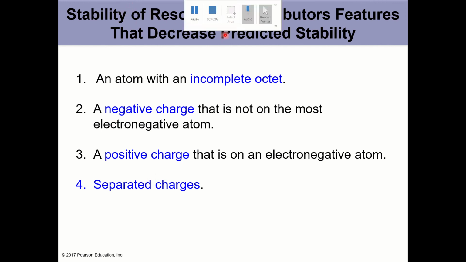So stability of resonance contributors must have features that decrease predicted stability. We're going to pick up with these rules, and we're going to use these rules to rate good resonance structure, poor resonance structure, and identify which resonance structure is more close to the resonance hybrid.